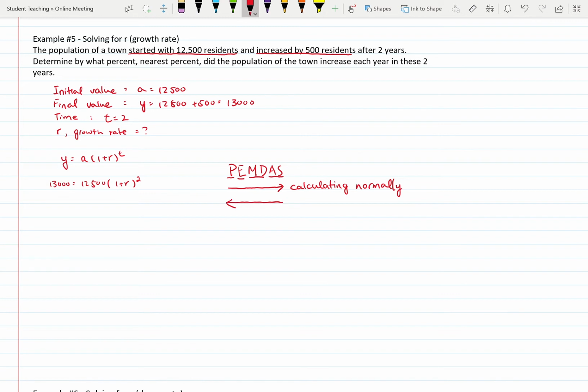It's reversed. Meaning that you need to deal with subtraction and/or addition first, then go on to multiplication and division, then exponents, then parentheses.